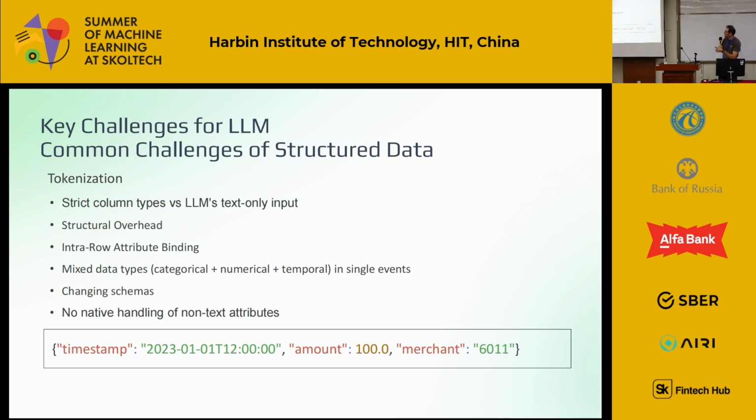Here is an example of how to present structured information to a language model. This is just text, and you can see there are only 3 fields, 3 features, but for a language model it's about 15 tokens.